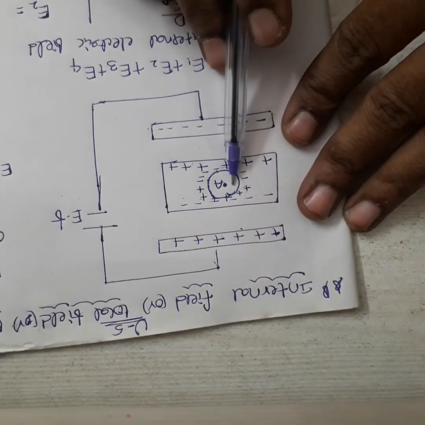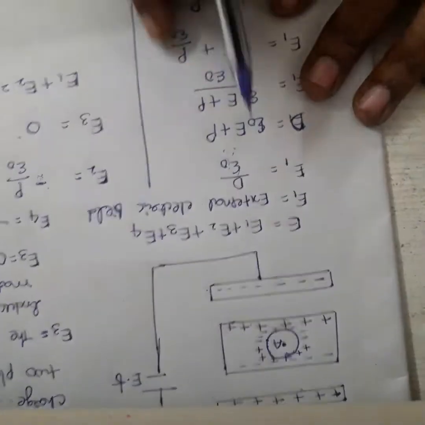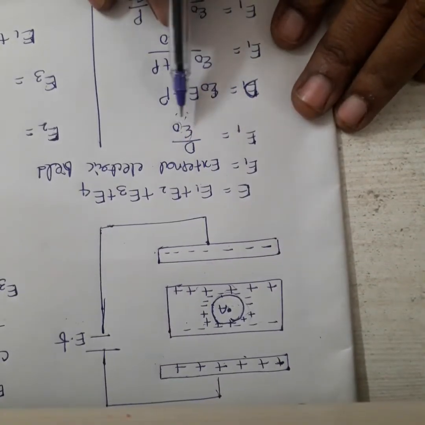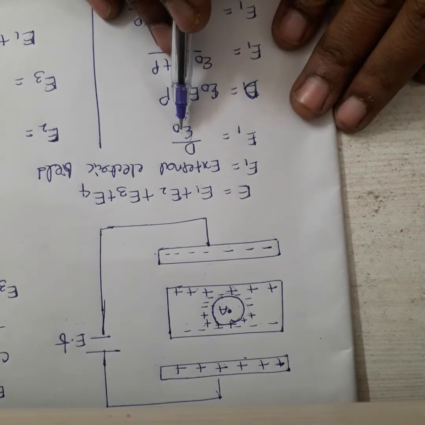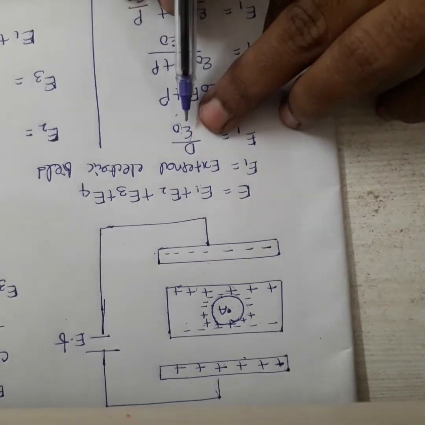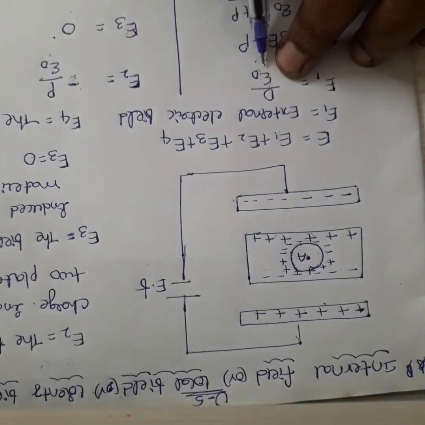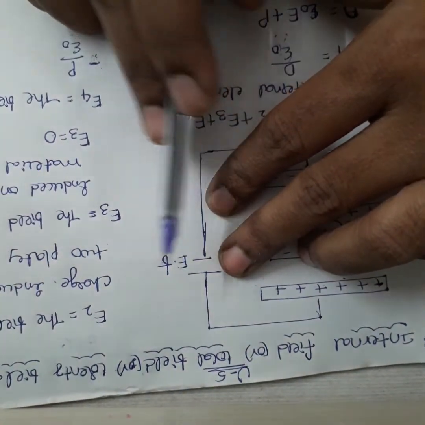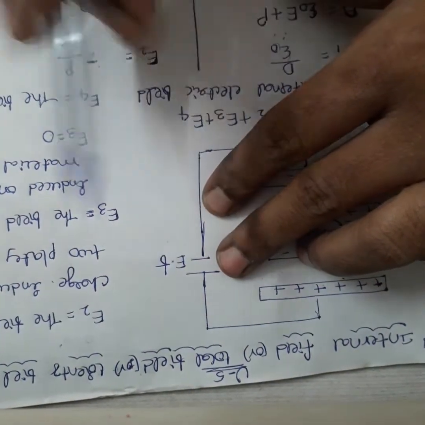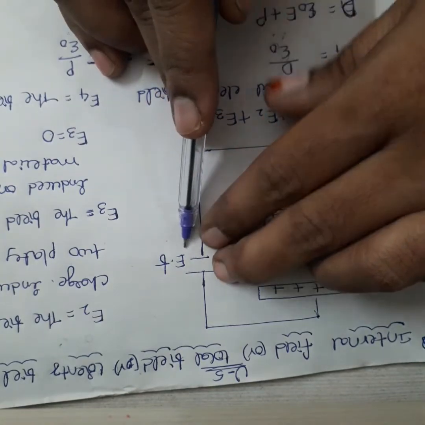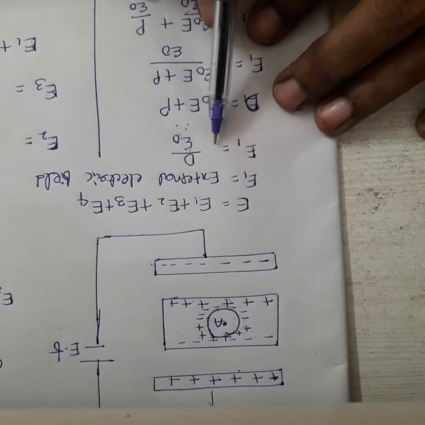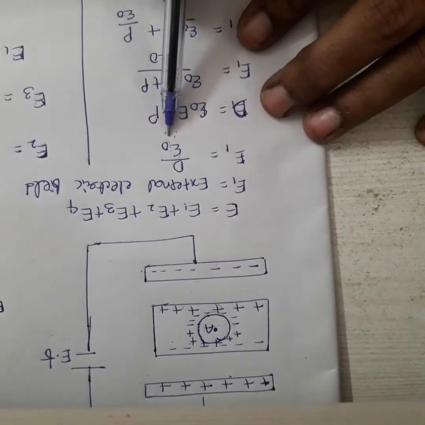Now we have to find this field, and here E1 will be equal to D by epsilon naught. Epsilon naught means permittivity of the free space. Here permittivity of the free space means, generally, where are we applying the external field? We are applying the electric field externally, meaning in free space, so E1 is equal to D by epsilon naught.